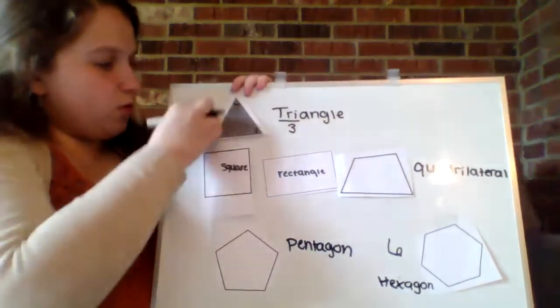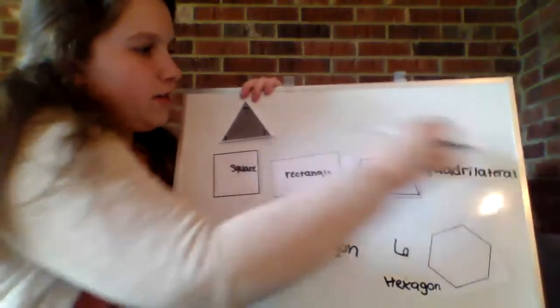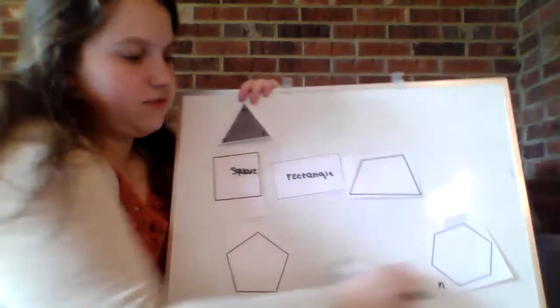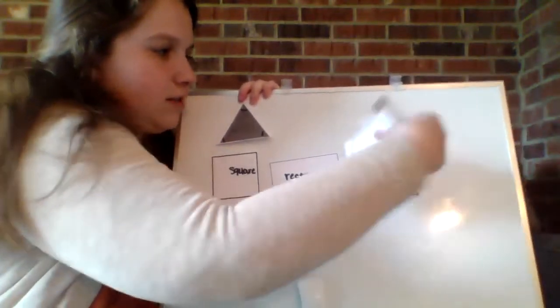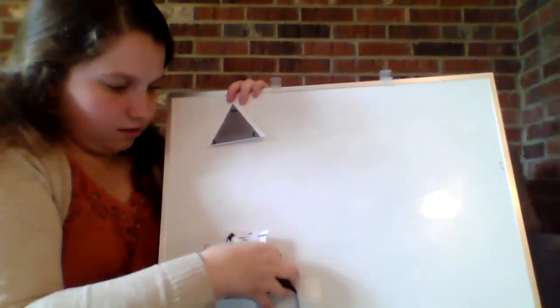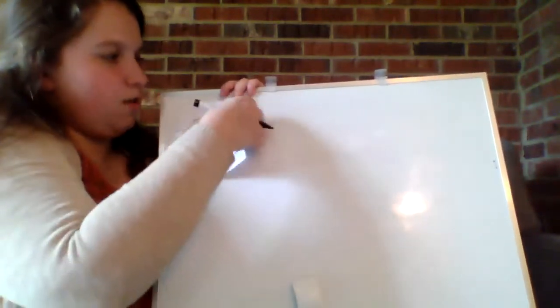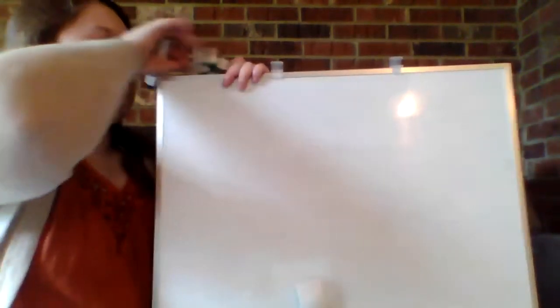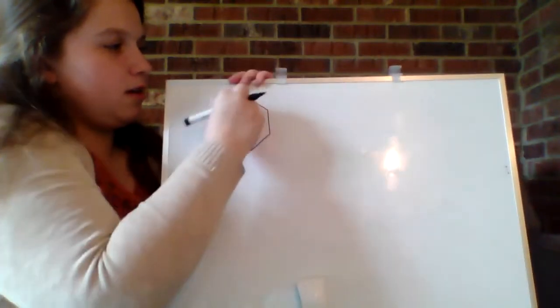We have a few more. So we've got our triangle has three sides, our quadrilateral has four, our pentagon has five, and our hexagon has six. Seven, a seven-sided shape is something kind of funky. It is called a heptagon.